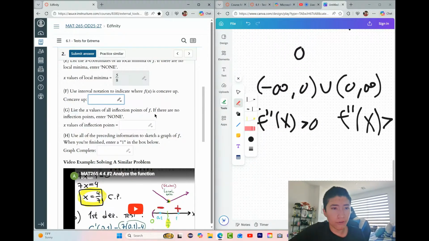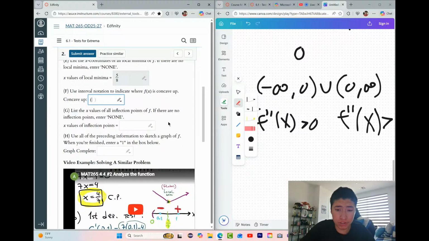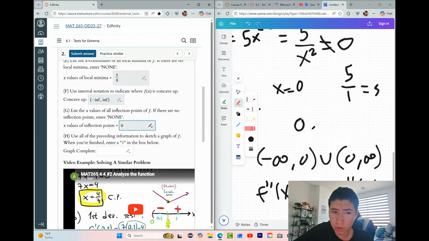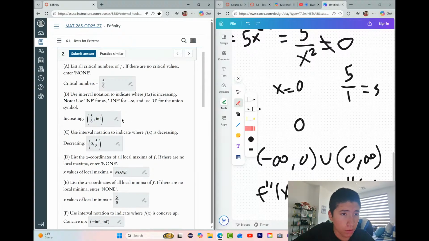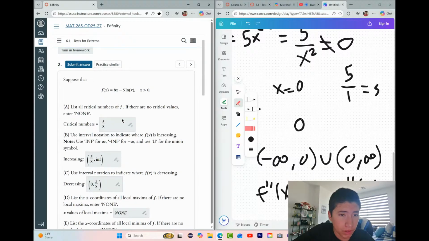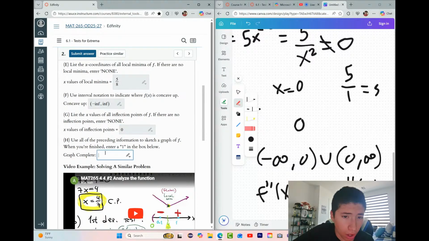It's always concave up, so this is going to be negative infinity all the way to infinity, because f prime prime of x is always greater than 0. If there are no inflection points, I think the only inflection point is 0, right? Oh, hold on. What happens if you plug in 0?